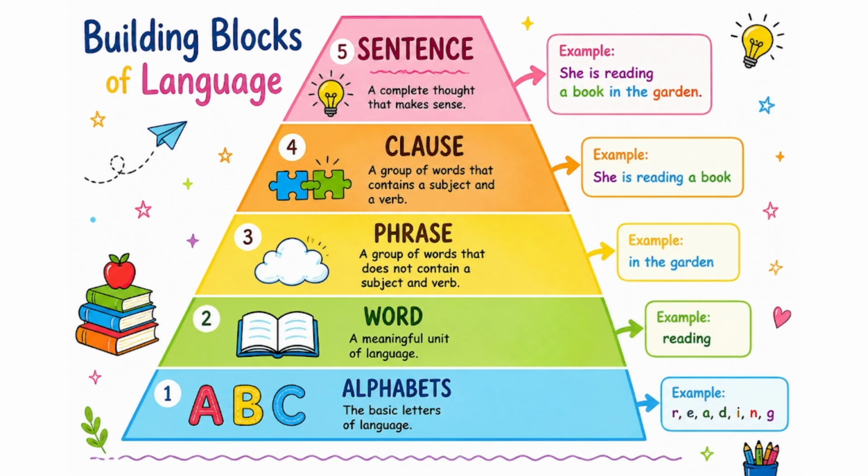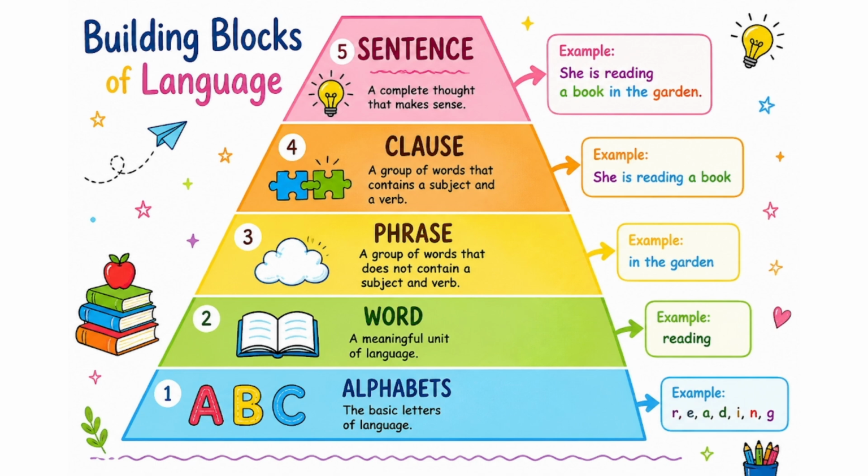Some clauses will make a complete sentence, like you will feel that they are sentences only, but they are clauses because they contain a subject and a verb, unlike a phrase. जैसे phrase में subject और verb नहीं होता, clause में सब्जेक्ट और वर्ब दोनों होते हैं, तभी वो क्लॉज होता है. Like she is reading a book, तो she क्या है, सब्जेक्ट है. Reading क्या है, एक वर्ब है. So this is a clause.